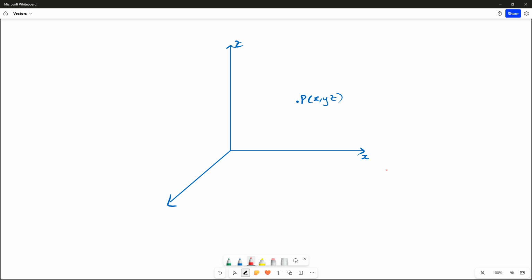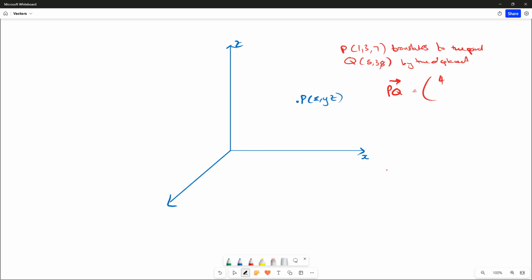An example is we start off with P(1, 3, 7), and we're saying that it translates to the point Q(5, 3, 8) by the displacement PQ.